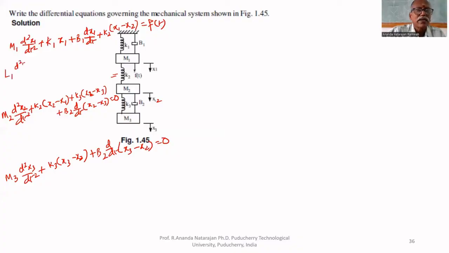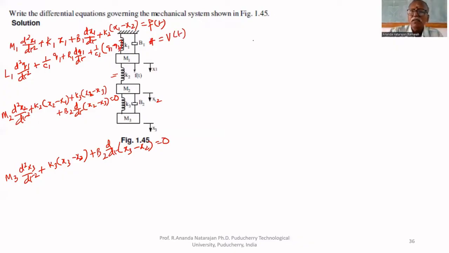L1 d square q1 by dt square plus k, equal to what? 1 by c1 q1 plus r1 dq1 by dt plus k2, again 1 by c2, q1 minus q2, equal to v of t, the applied voltage.